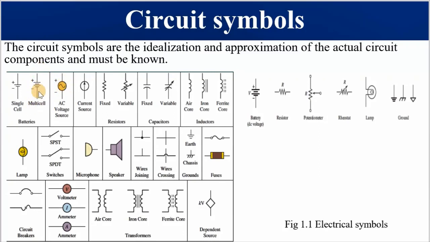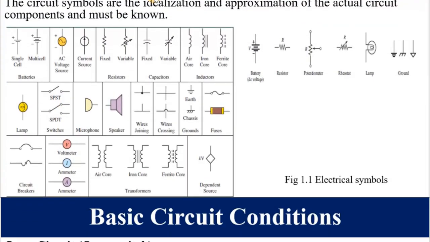Then a battery, a single cell, some switches: single pole single throw, single pole double throw. Then circuit breakers, guys, a voltmeter. You must know this, an ammeter, measuring current. Then these are the symbols for transformers, a speaker. So the list is not limited to all of these. We've got many types of schematic or circuit symbols.